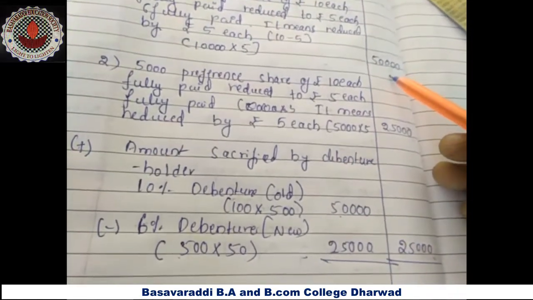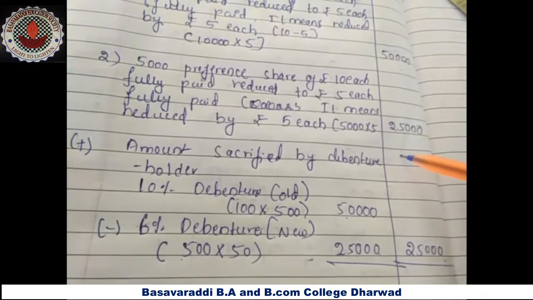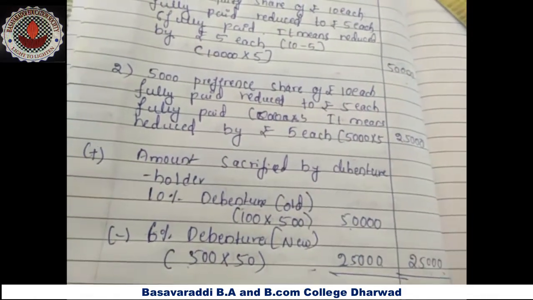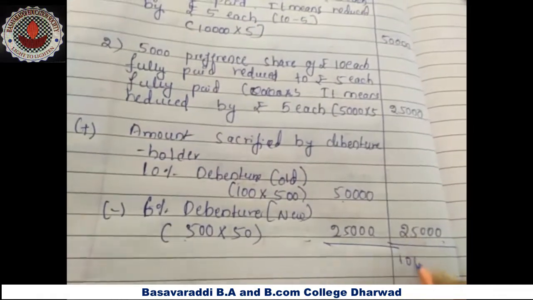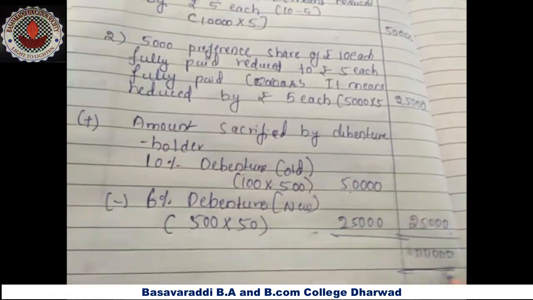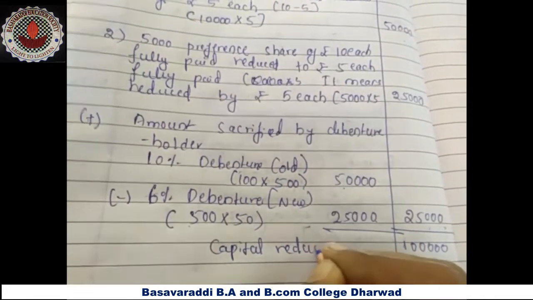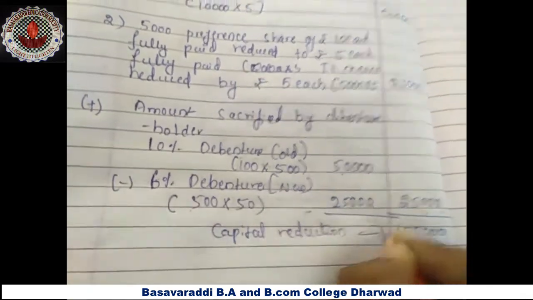Now 50,000 plus 25,000 plus 25,000 is equal to how much? 1 lakh rupees. That is the capital reduction amount.